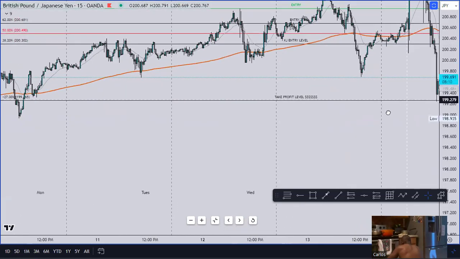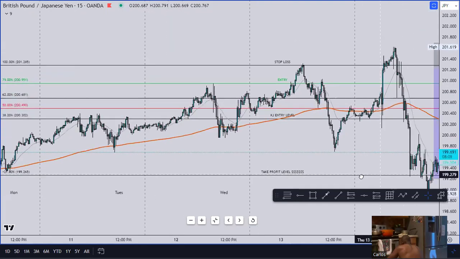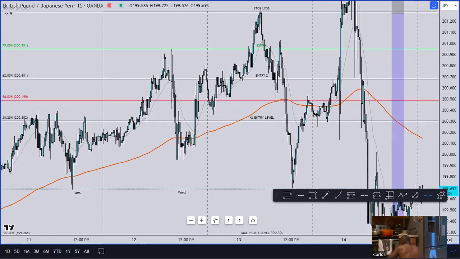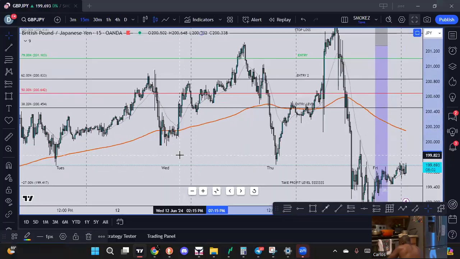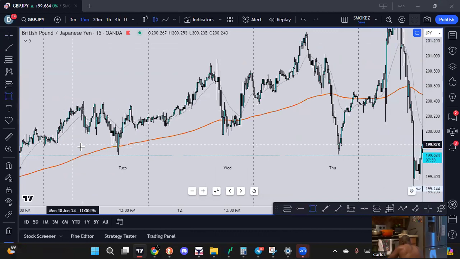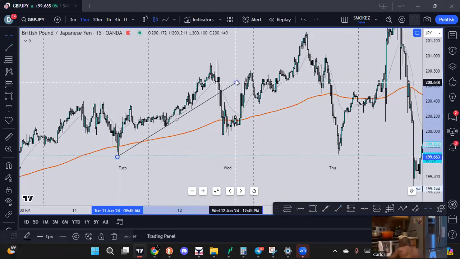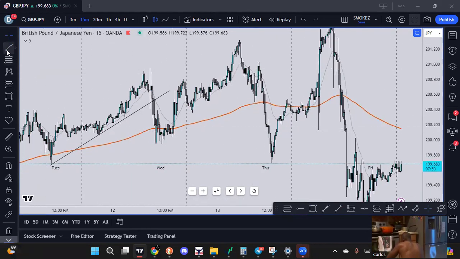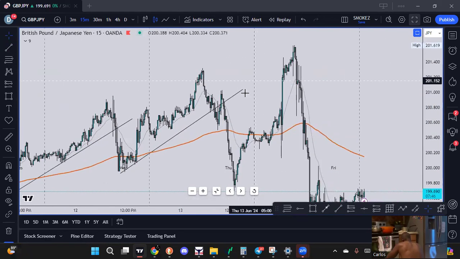Hold on, what time frame are you on? Right now, 15. When I'm using the moving average, I'm always on the 15 minute. All right, so let me remove drawings. If I'm taking a buy, I'm only looking for buys. Start drawing trend lines to help you with the trend.